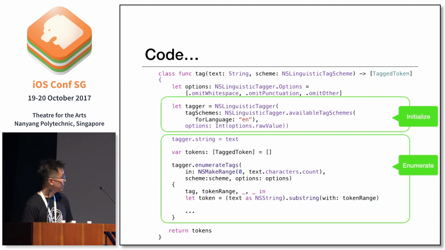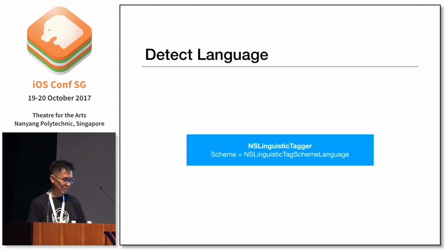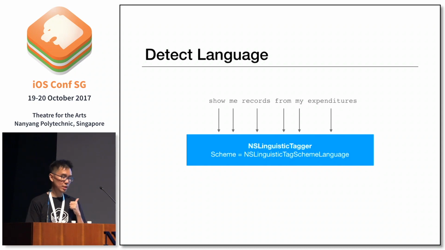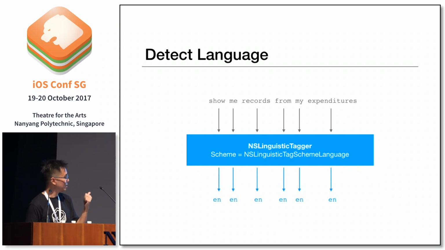Now, what's important here is actually the tag scheme. There is a scheme there, a parameter that you pass into the enumerateTags function. The tag scheme is the one that actually tells the tagger what kind of result that you want to return from it. Let's take a look at some examples. So in this case, if your tag scheme is language, then if you have this input, what you get is every word will be tagged with English as what the linguistic tagger recognizes.